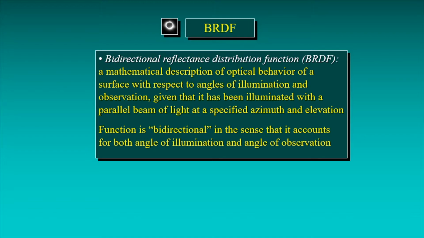The function is bidirectional in the sense that it accounts for both the angle of illumination and the angle of observation. In other words, it's accounting for the sun, if the sun is the source of our illumination, the sun-target-sensor geometry.